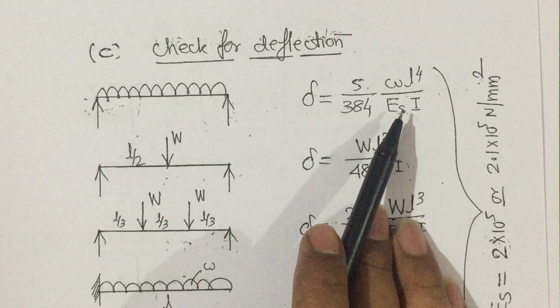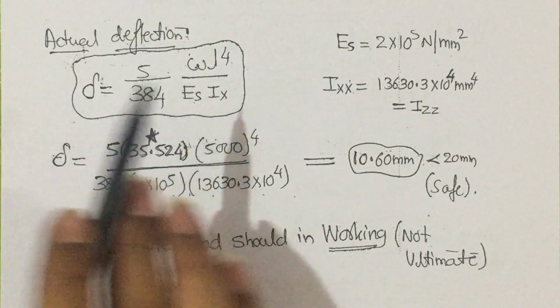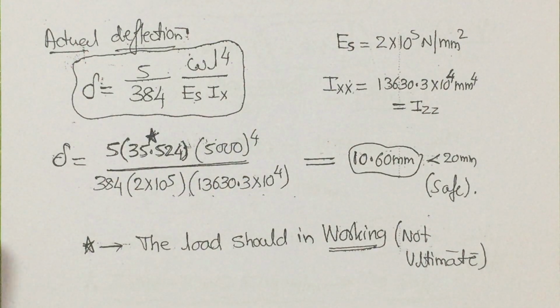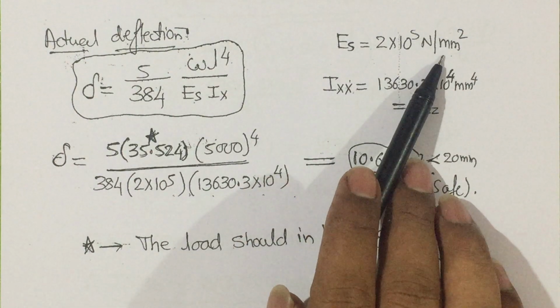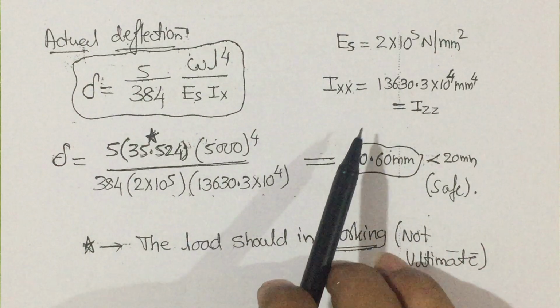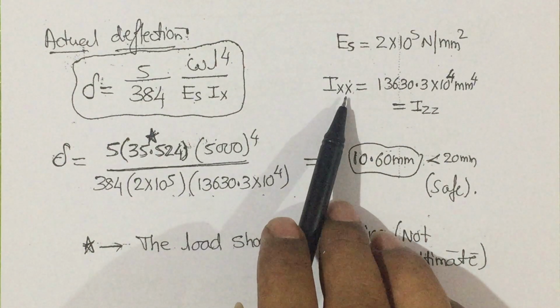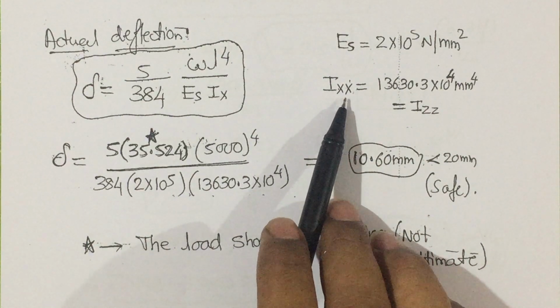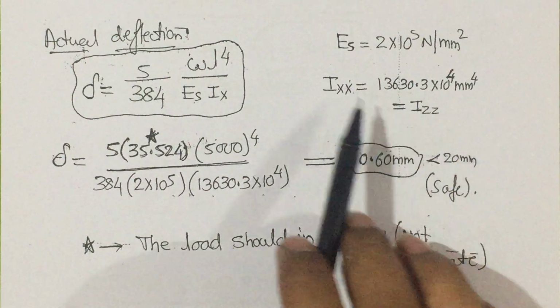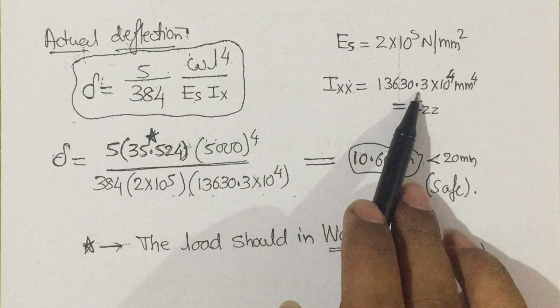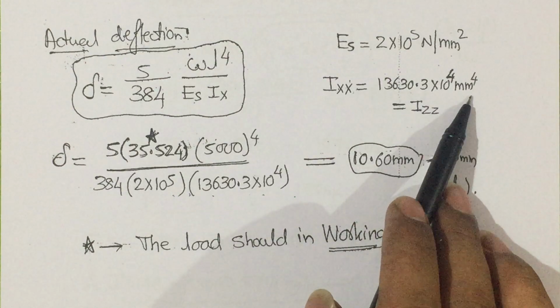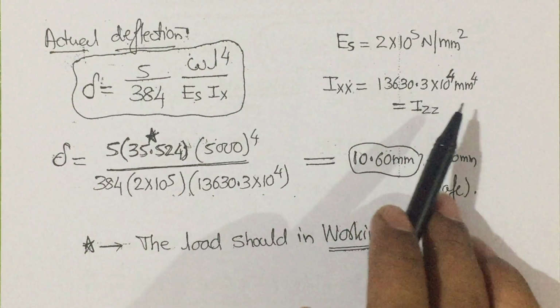You need to remember these formulas. Here E is 2 into 10 power 5 Newton per mm square, Young's modulus of the steel. Ixx you will get from the steel table for the given section, that is ISMB. You will get that as 13630.3 into 10 power 4 millimeter to the power of 4.